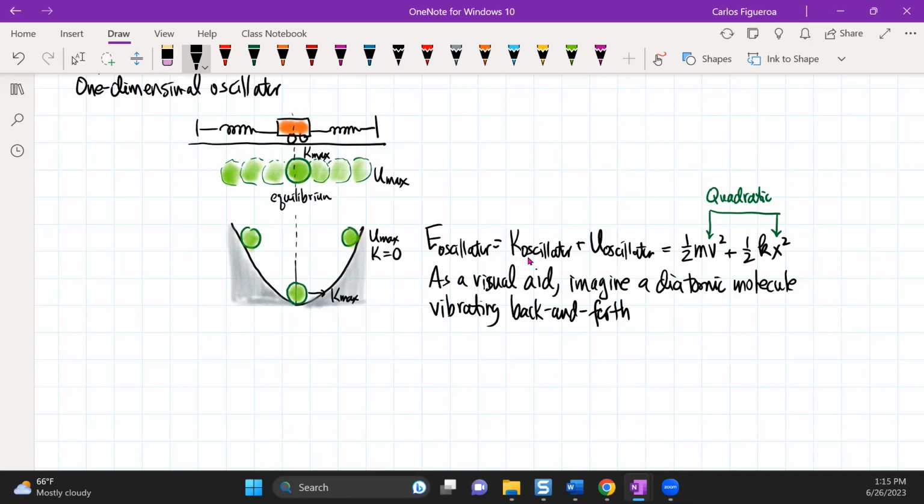Now you're seeing a one-dimensional oscillator that's going to oscillate back and forth.